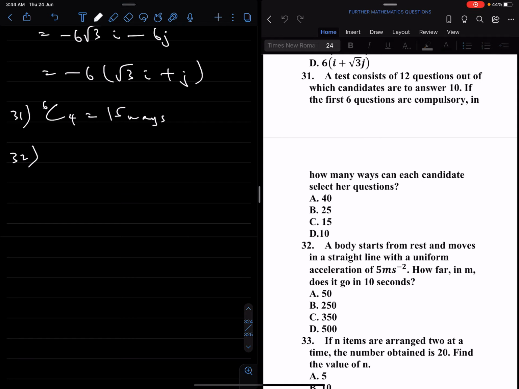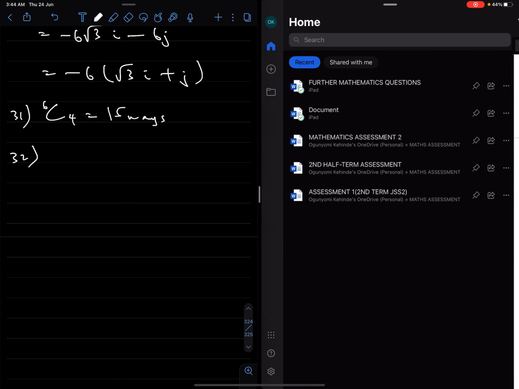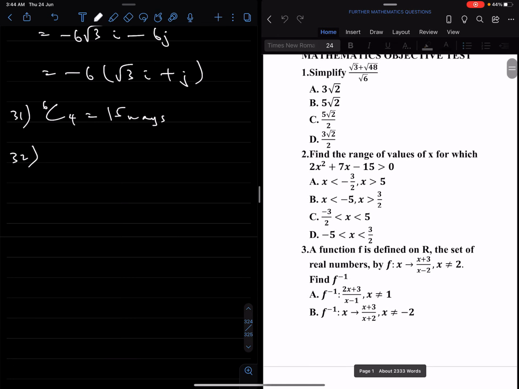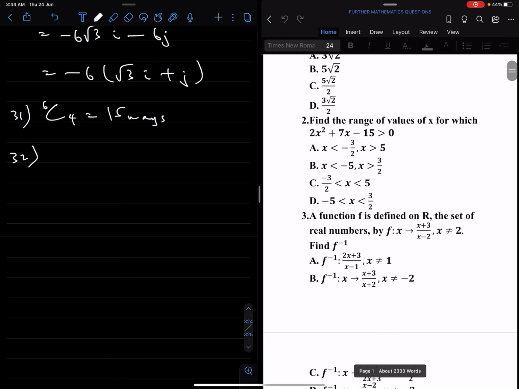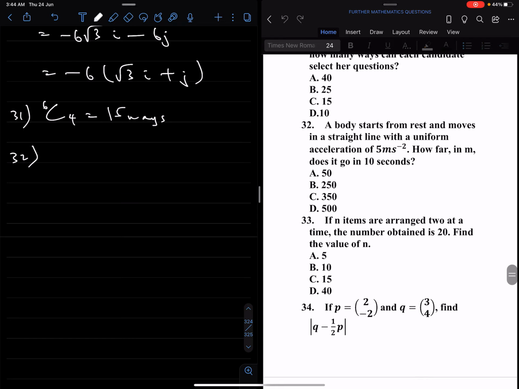A body starts from rest and moves in a straight line with a uniform acceleration of 5 meters per second squared. How far does it go in 10 seconds?